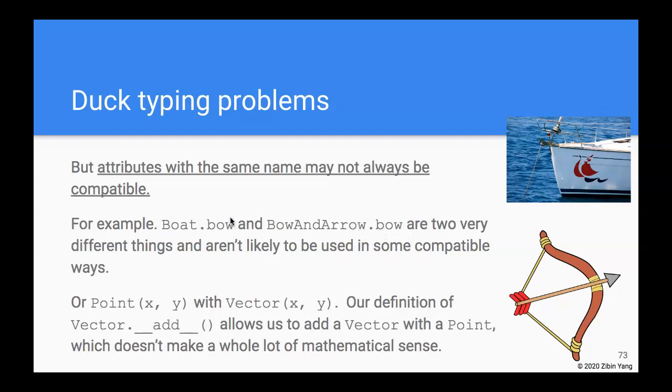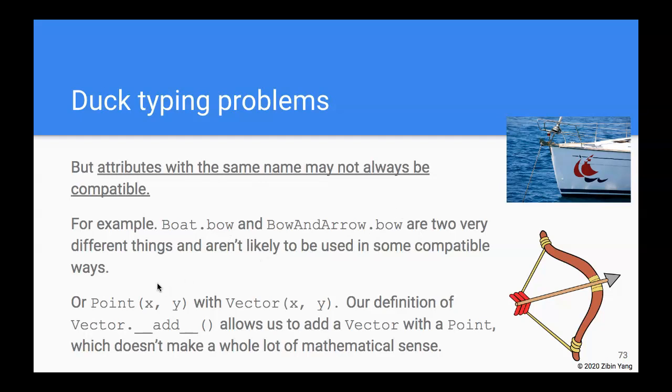Now, both of these have the same spelling in English, but they are entirely different things, right? This is the bow of a boat, and this is the bow of bow and arrow. So in most cases, they aren't likely to be used in some compatible ways. So duck typing in this case likely will cause big problems.